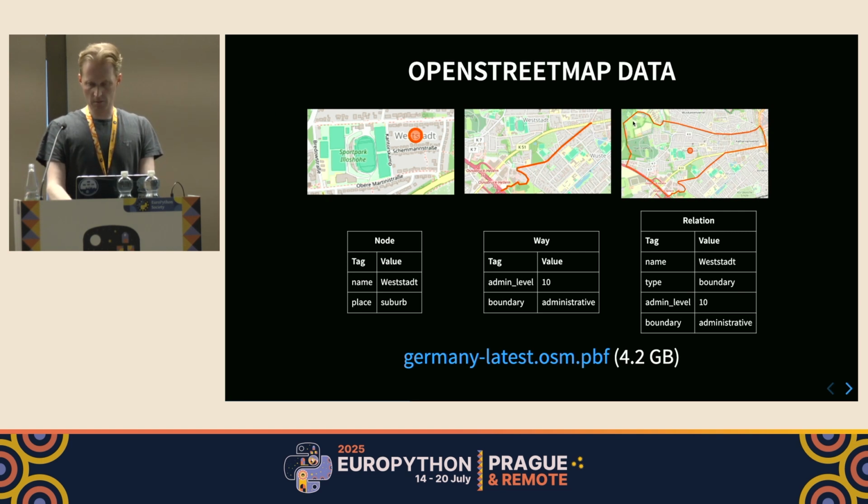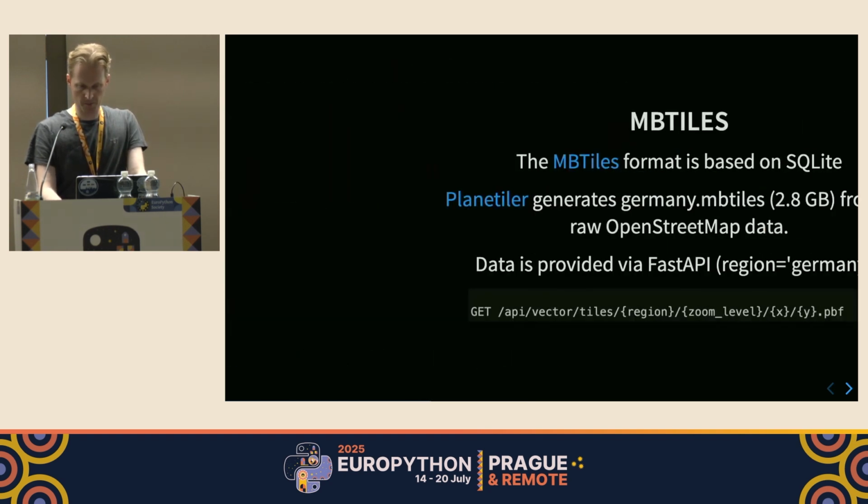And finally, there are relations which consist of nodes and ways. Each of these elements may have several properties to describe them. OpenStreetMap is distributed in the protocol buffer binary format, PBF, where the data for Germany is approximately 4.2 gigabytes in size.